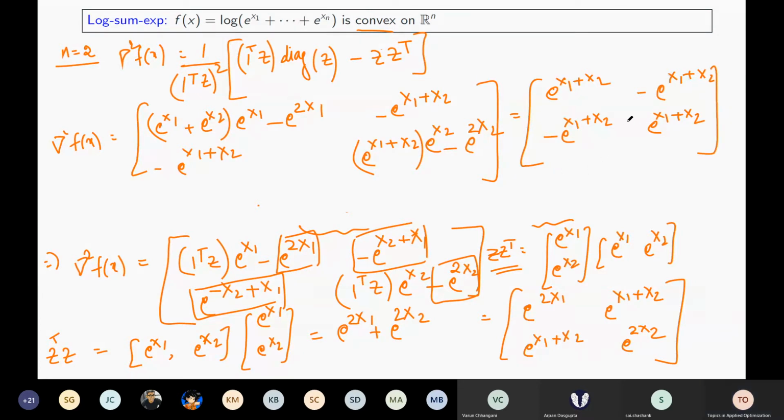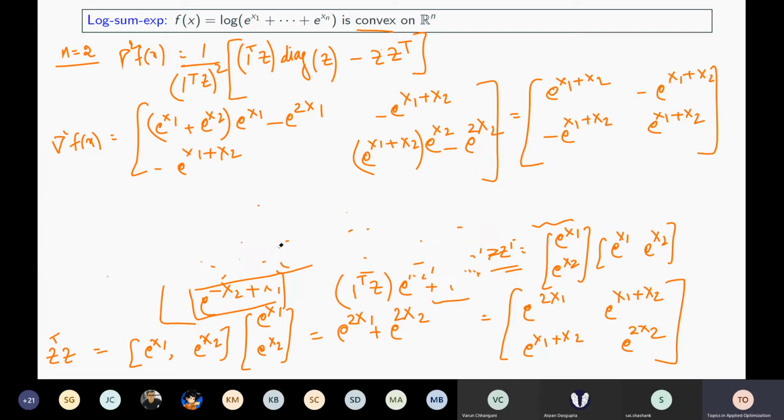So what we see is that e^(x1 plus x2) can be taken common here. We take it common and that will simplify. The common term e^(x1 plus x2) is positive, and then we take the determinant of the remaining matrix. If this is positive, the whole thing will be positive, because the matrix will be positive definite if the determinant is greater than 0, right? So that's the plan here.